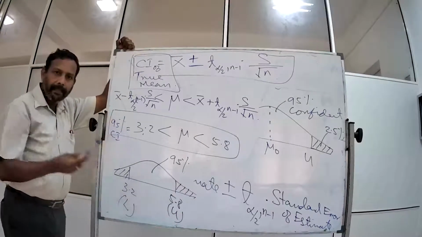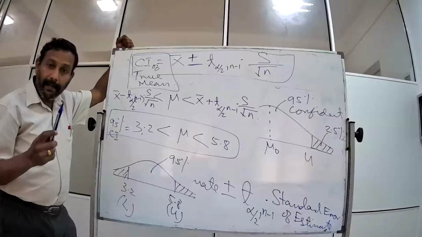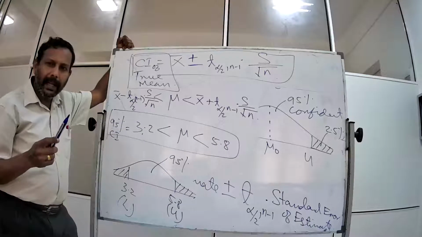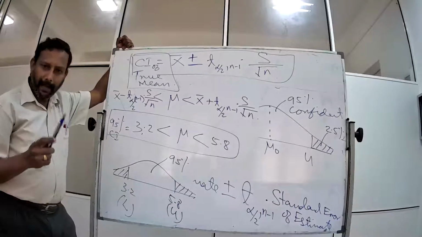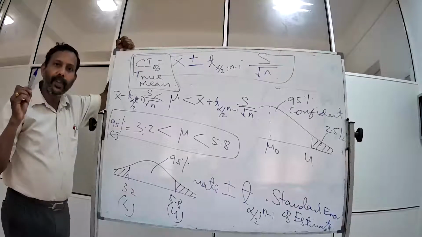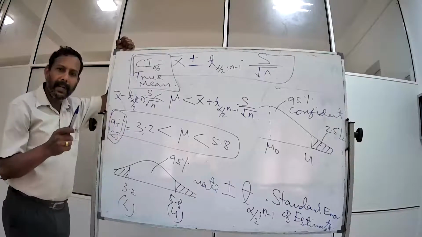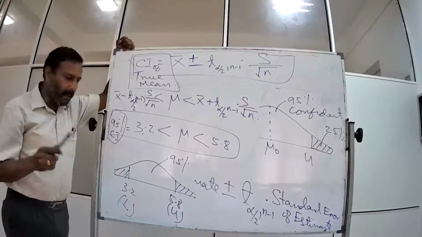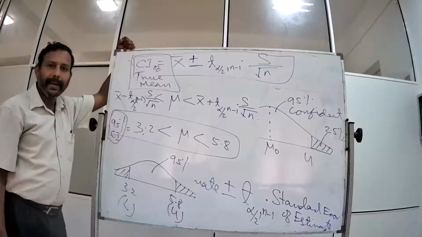Where we can say, the true mean value of the paddy production of Sri Lankan farmers, we are 95% sure that the true mean production of paddy farmers ranges from 3.2 metric ton per hectare to 5.8 metric ton per hectare.